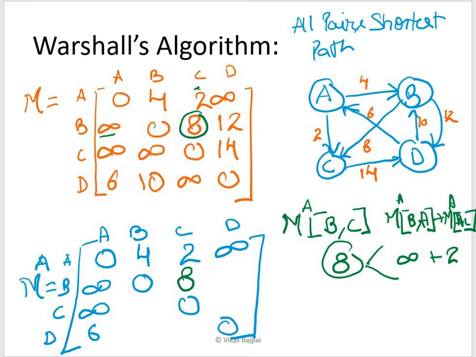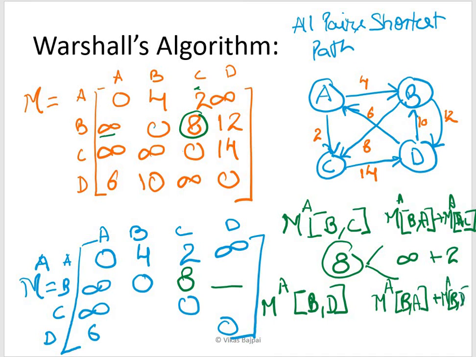Now for this M of A, B comma D, I need to see M of A, B comma A plus M of A, A comma D. A to D comes out to be infinity, and B to A is infinity, so infinity plus 12.